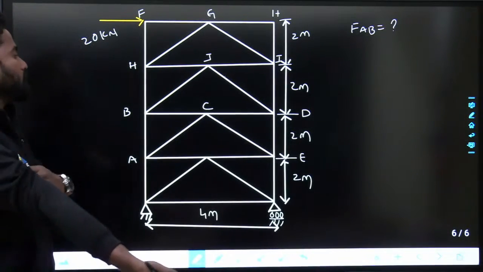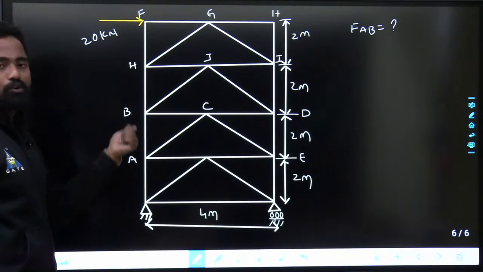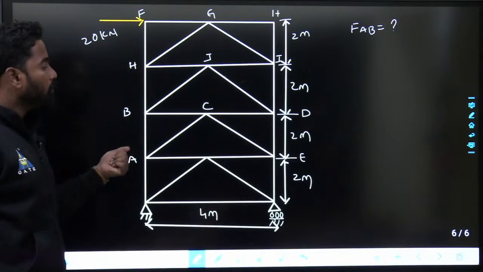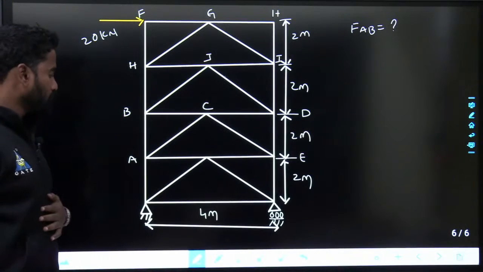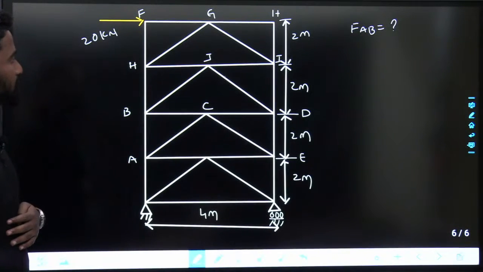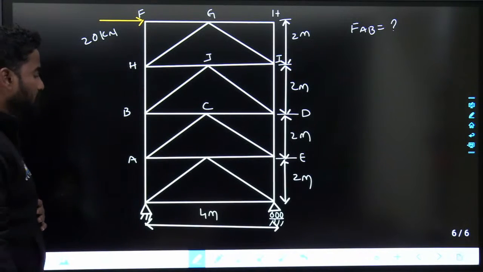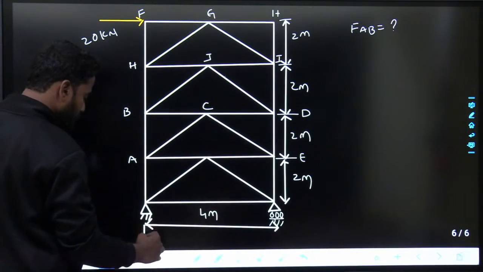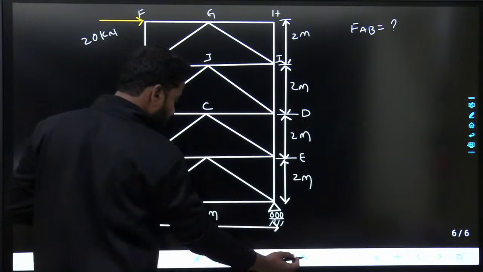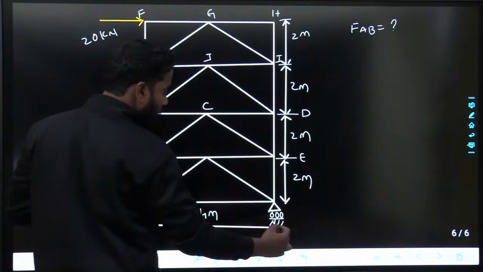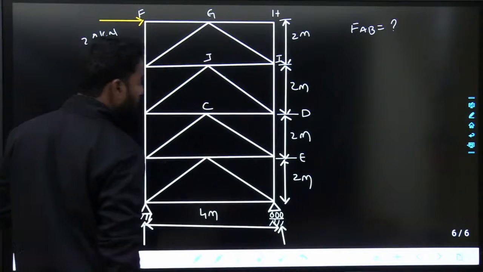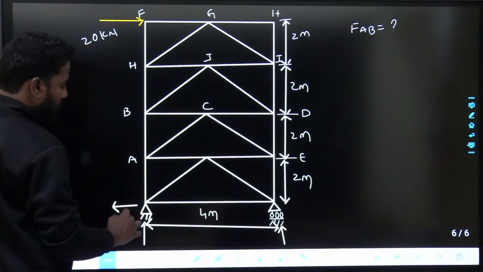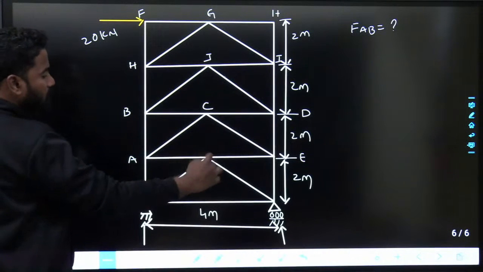If they have asked the force in member AB, what exactly do you have to do? Either you can go with method of joints. If you are going with method of joints, that means you have to find out the reactions at the supports, then you have to go for each and every joint.